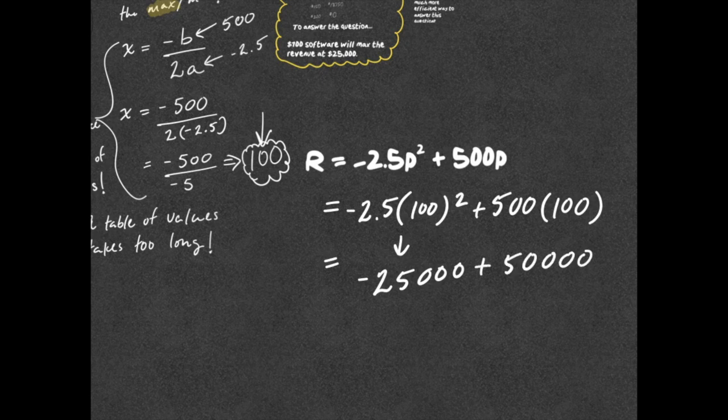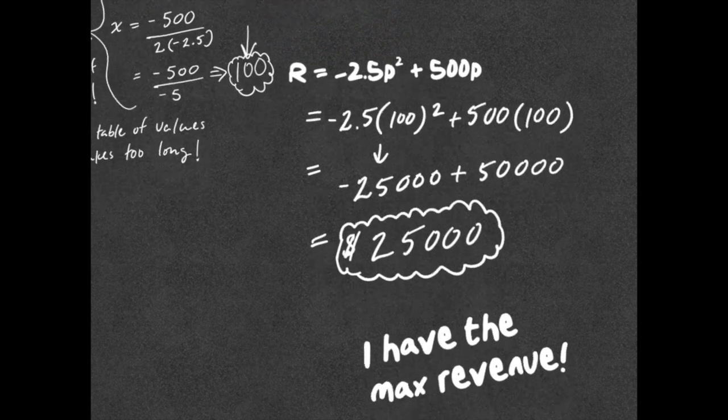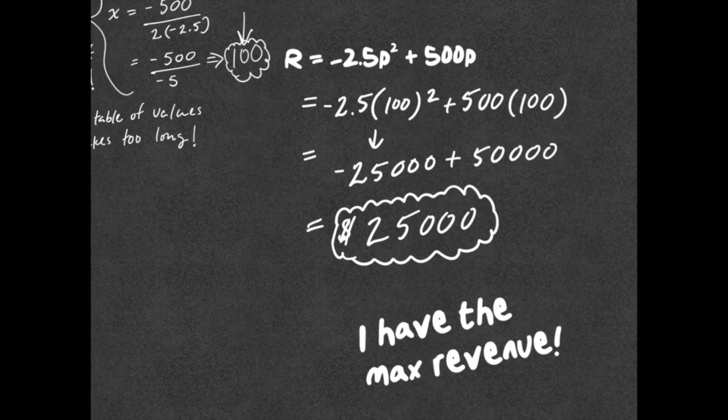So that gives me a negative 25,000. 500 times 100 is 50,000. And by subtraction, 25,000. So when x is 100, r is 25,000. What we found was the vertex of this parabola. That means now I know the max revenue.